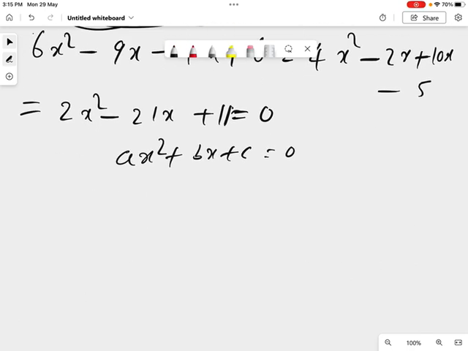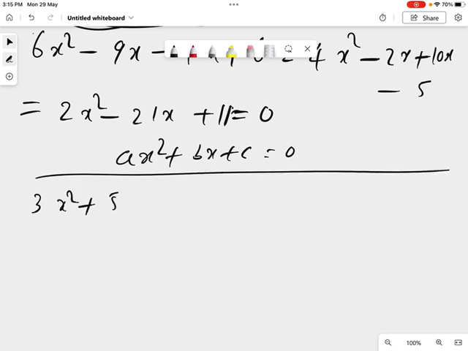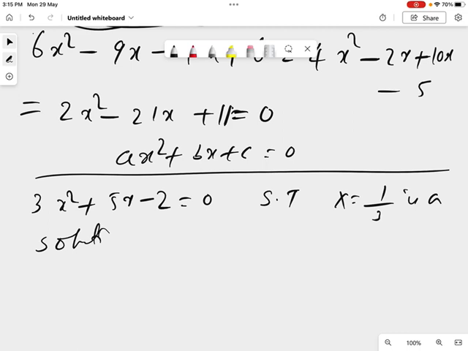And next, for the quadratic equation 3x square plus 5x minus 2 is equal to 0, show that x is equal to 1 by 3 is a solution, and second, x is equal to 3 is not a solution.